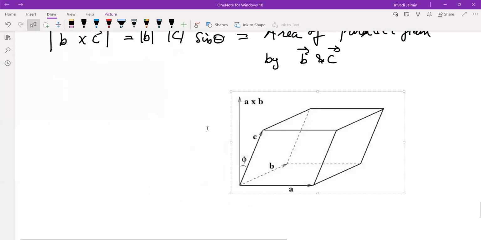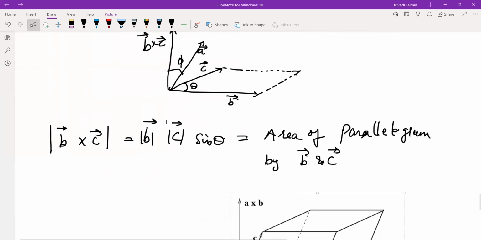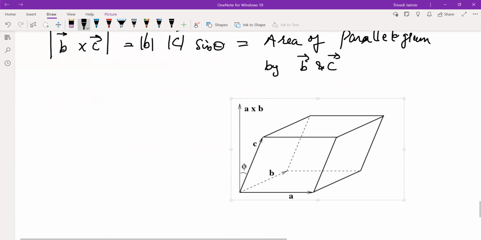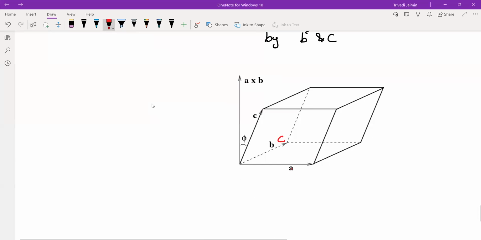Compare with ours: we have B and C here, right? So they have taken A and B. Phi is the same, A is different, and here we have C. So let's change that. Here we have C, and this one is B, and here A. Angle theta is this side, down.